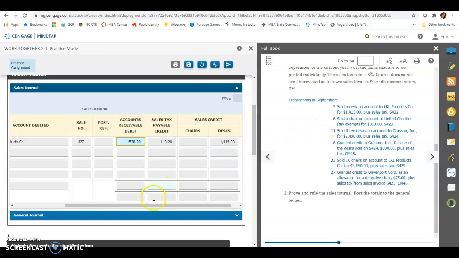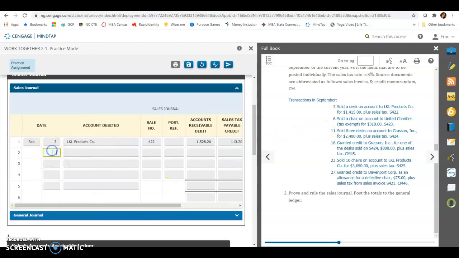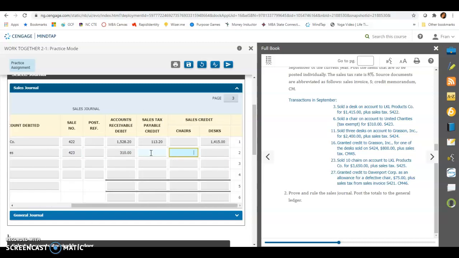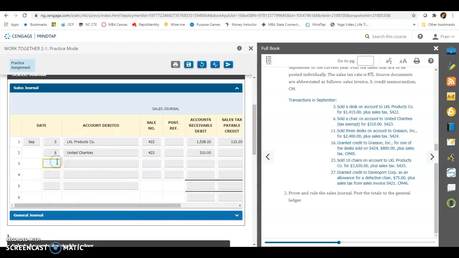Okay, so let's continue. The next one is on the 6th. This one is a chair to United Charities, $423. They are tax exempt, so we do not do tax on that. So it's $310 on the accounts receivable. It's a chair, $310. Okay, the next one on the 11th.